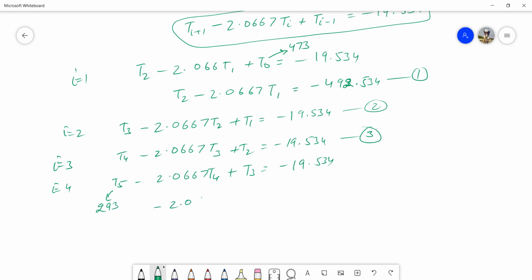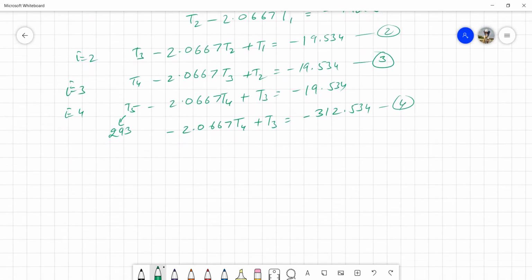So we have equation number 3 and equation number 4. So we have 4 equations, 4 unknowns, all are linear equations.